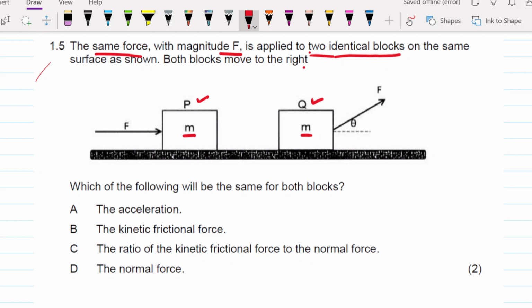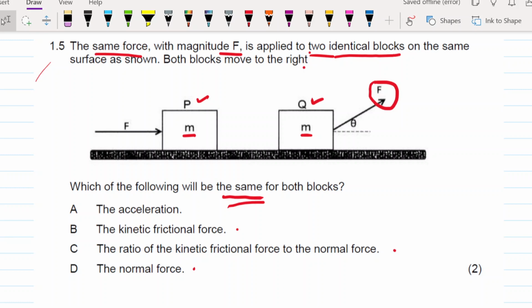Block P is pushed by this force to the right, and block Q is pulled by this force in the diagonal direction. The question says, which of the following will be the same for both blocks? The acceleration, the kinetic frictional force, the ratio of the kinetic frictional force to the normal force, or the normal force?